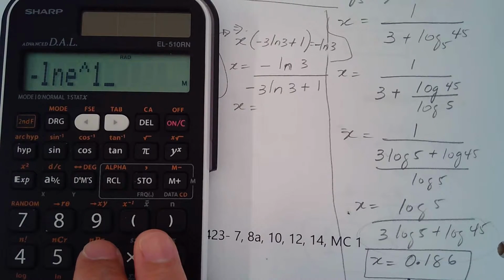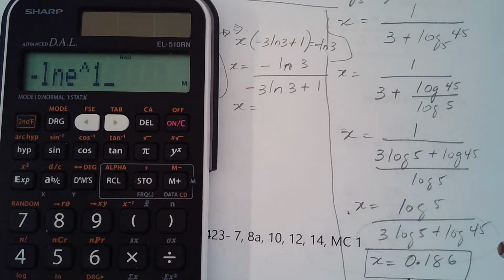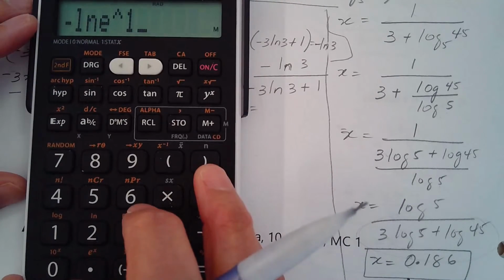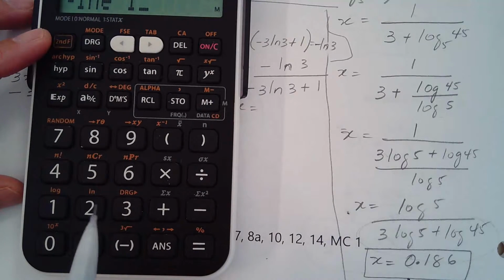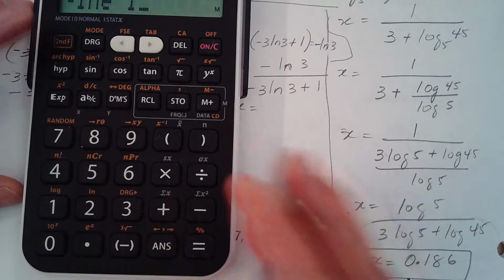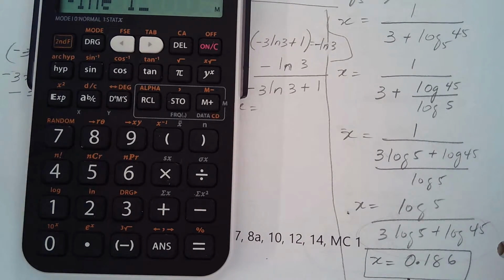Well, my calculator doesn't have just an e button. If you have this calculator, I didn't see just the e button in here. The only thing that I can see is this e to the x. So I have to type in e to the 1 to just have the e, unless you can see it. I think some calculators have just an e button, right? Everybody have an e button? Nope, I only have the e to the x. Do you have e to the x?